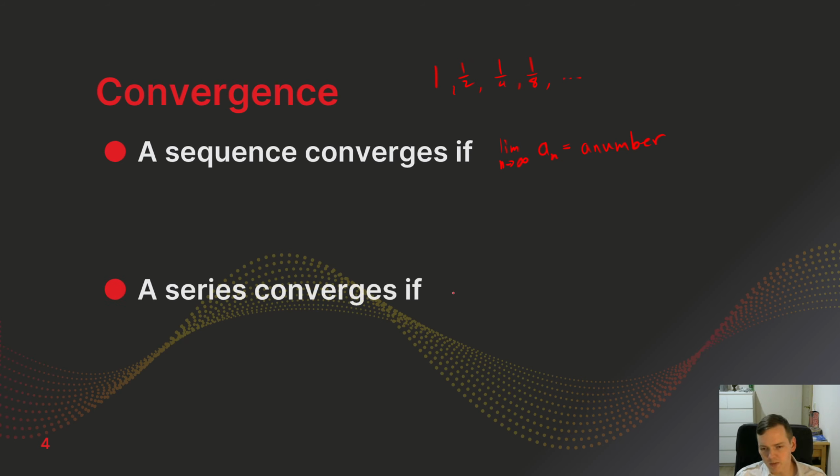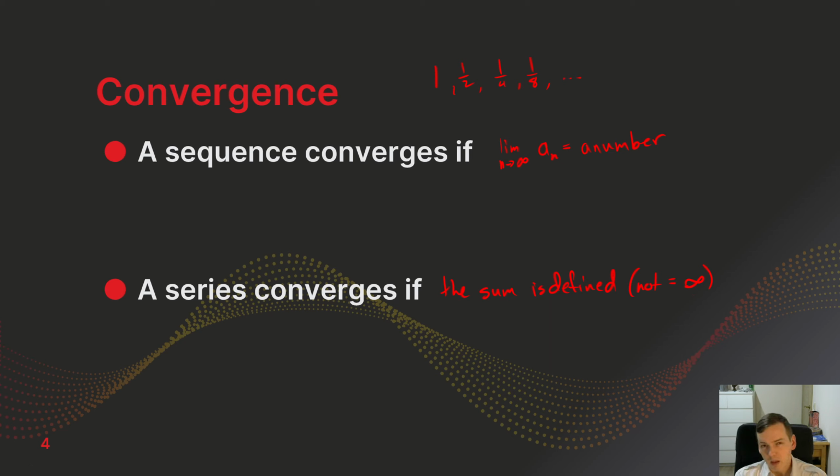A series converges if the sum is defined. So in other words, if that sum of adding all those numbers together is equal to some number. So if it's equal to 5, if it's equal to an irrational number, if it's equal to something, meaning not equal to infinity. So if it's anything but infinity, it's going to converge.